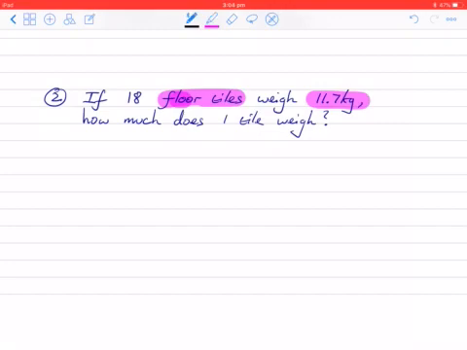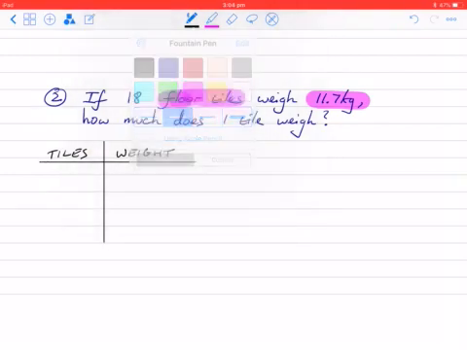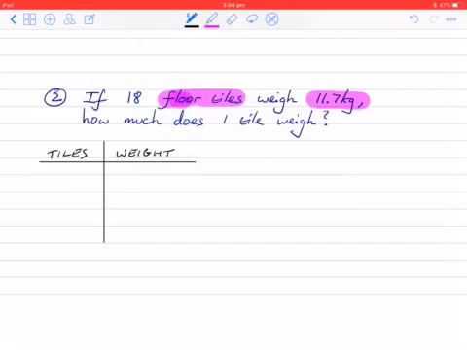So we've got tiles, and we've got the weight of those tiles. So 18 tiles weigh 11.7 kilograms.